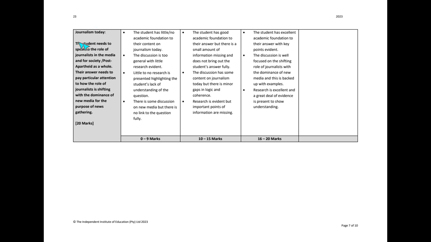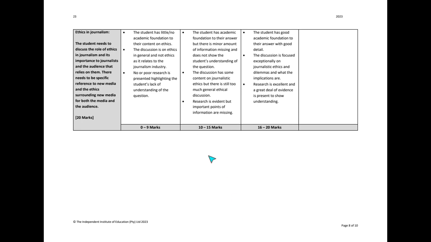So it's 10 marks for intro and conclusion combined, so 5 marks each, 20 marks for apartheid, 20 marks for journalism today, and 20 marks for the ethics in journalism. Each section of the essay is just as important as the next, so each of those bullet points has the same weighting.